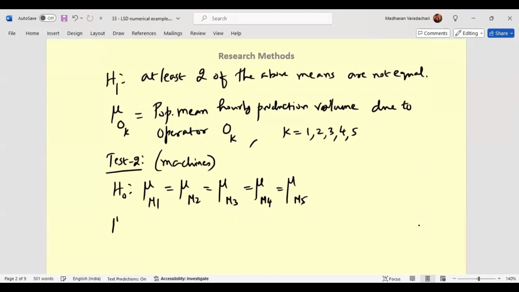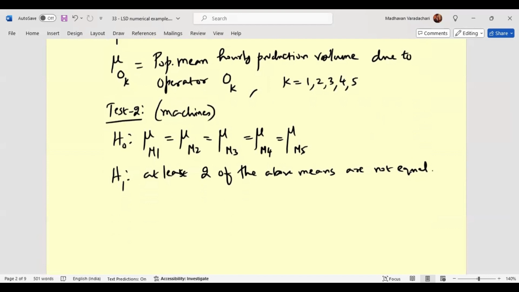Alternative hypothesis will be similar to the above, means at least two of the above means are not equal.